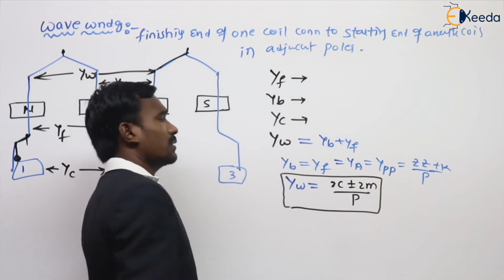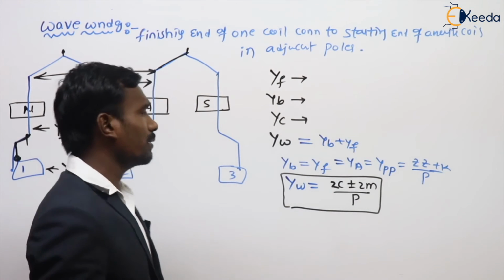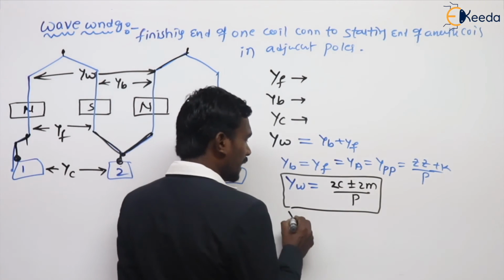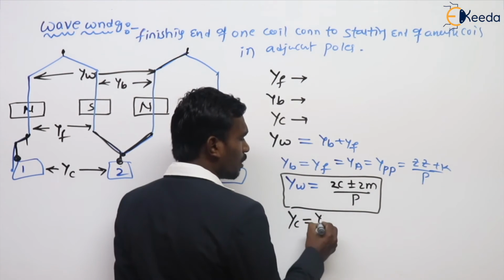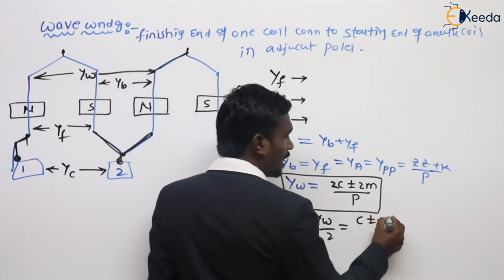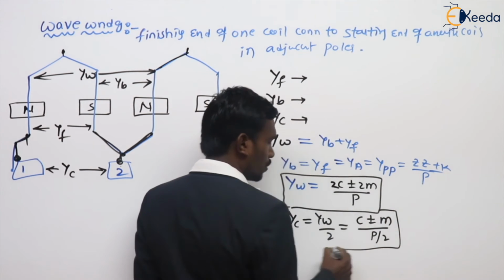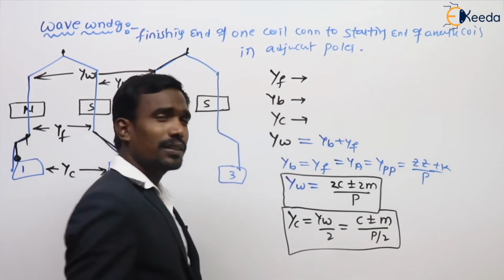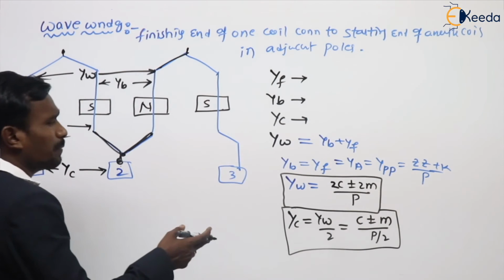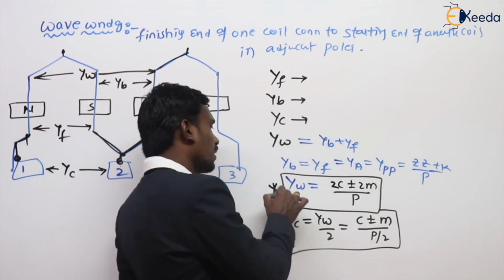If you know the winding pitch, then the commutator pitch is equal to winding pitch by 2, that is, c plus or minus m upon p by 2. This is simply the commutator pitch. So finally winding pitch and commutator pitch are given like this. Based on this, they will ask you questions.